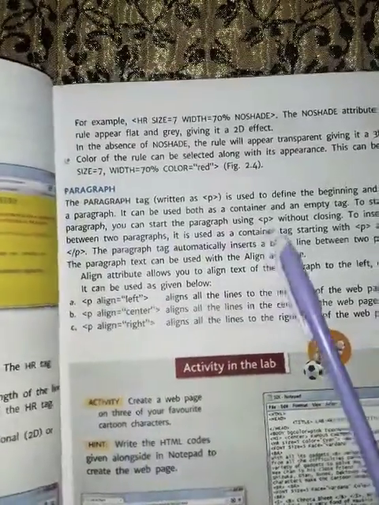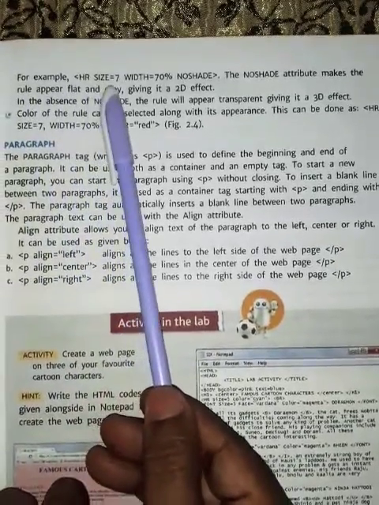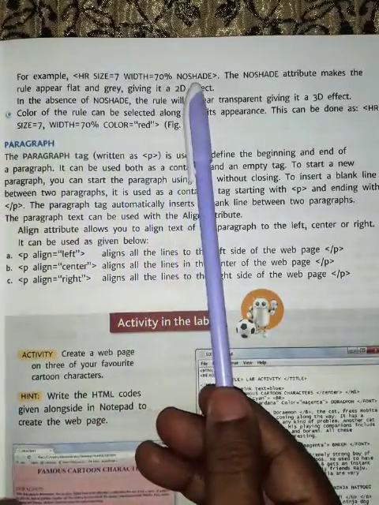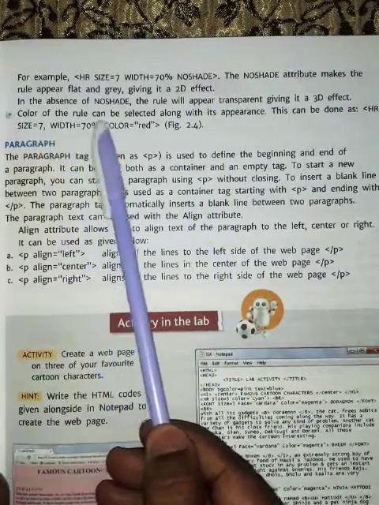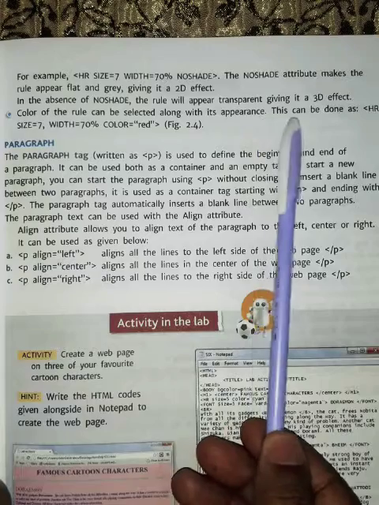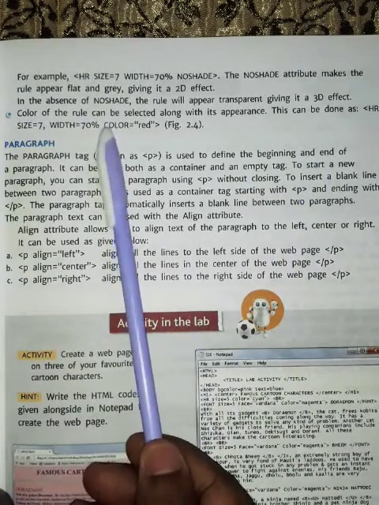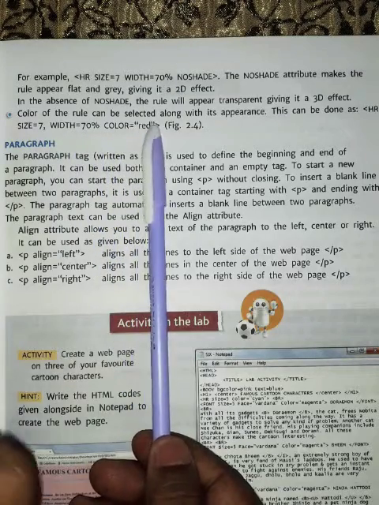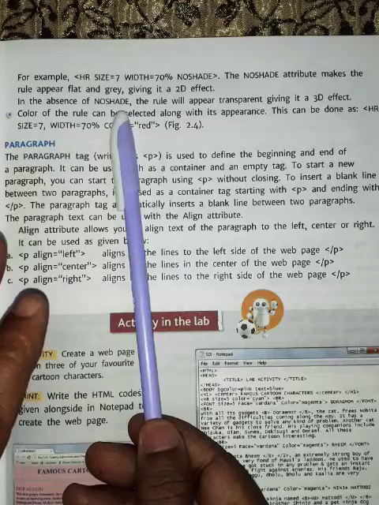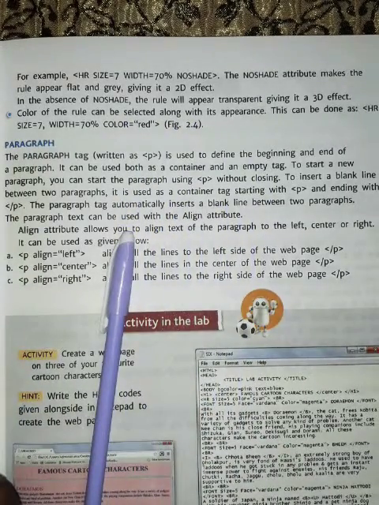In the example code, you can see hr size 7, width 70, and noshade. Noshade shows the 2D effect, and the color of the ruler can be selected along with its appearance. It shows in color format, that will be the 3D format. In the absence of noshade, the rule will appear transparent, giving the 3D effect.